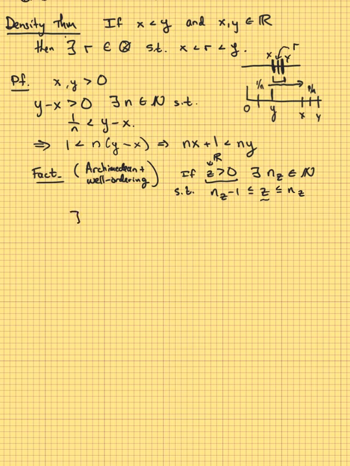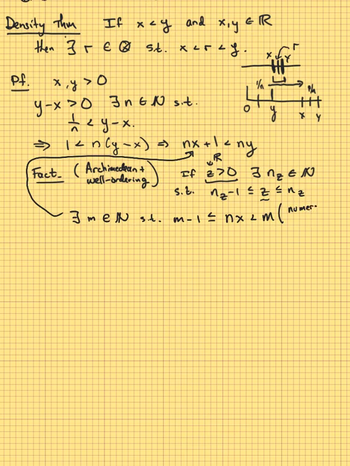So therefore, there exists an m in N, so now I'm going back to here, so that m minus 1 is less than or equal to nx, which is less than m, okay? You can think of my m as now going to be my numerator, and my n is now my denominator. Okay, so I'm approximating nx by these natural numbers.